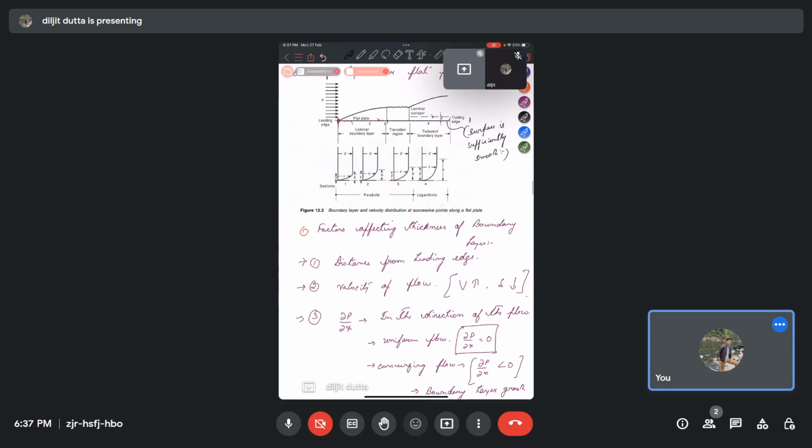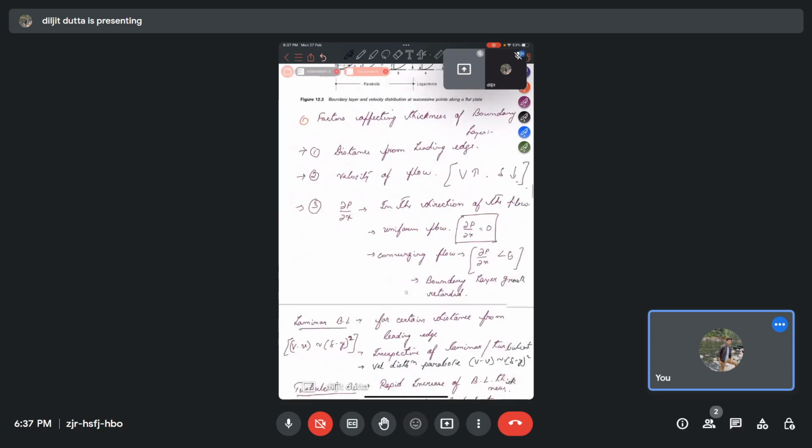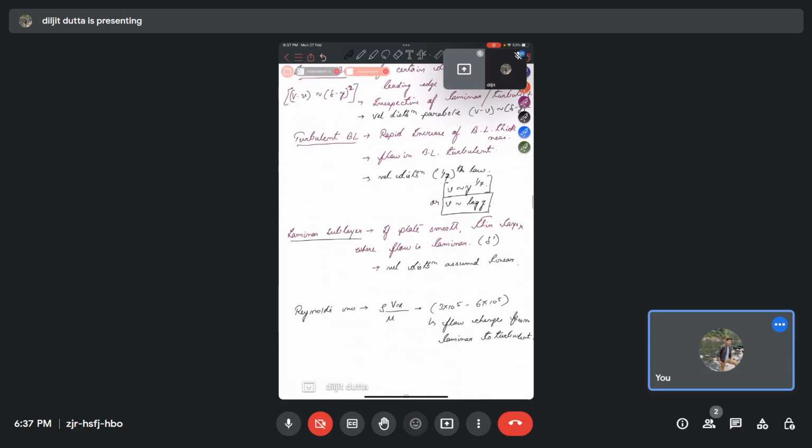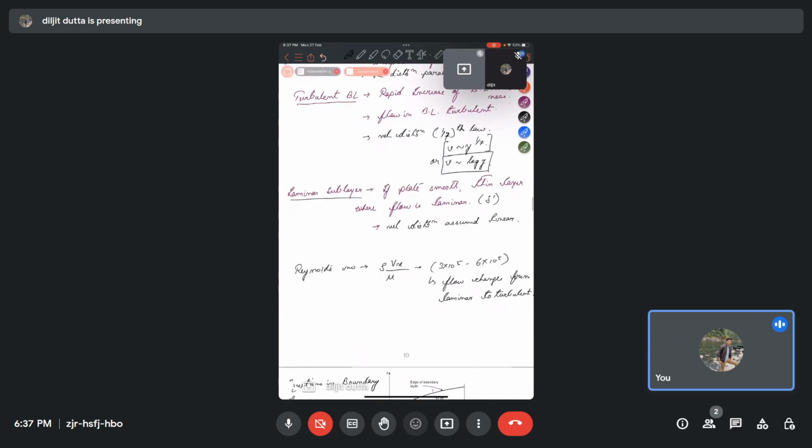But since the thickness of the layer is extremely small, we can assume that the velocity is linearly varying. This is the assumption, but in reality the velocity distribution is parabolic.